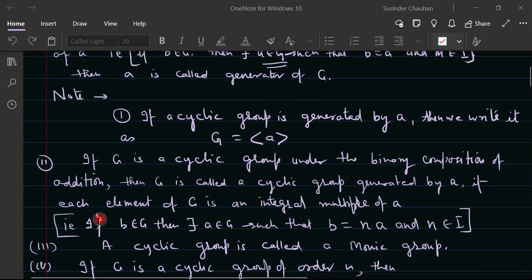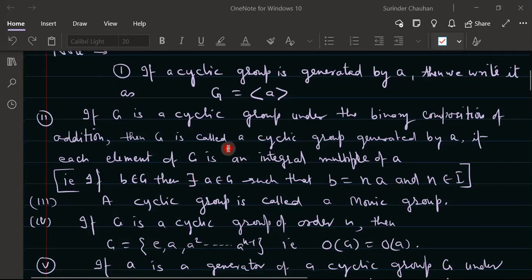That is, suppose b belongs to G, and G is a cyclic group under addition, then there is an element a belonging to G such that b is equal to n times a, and n is an integer.